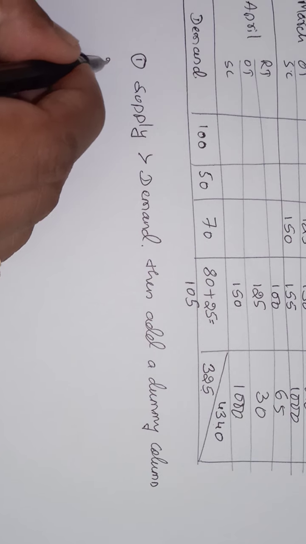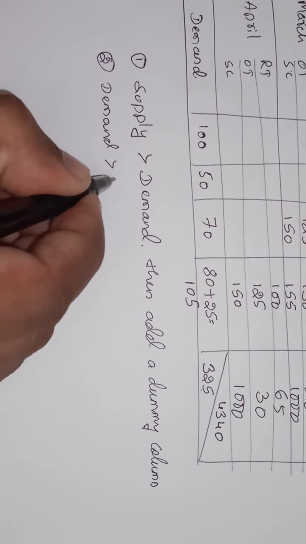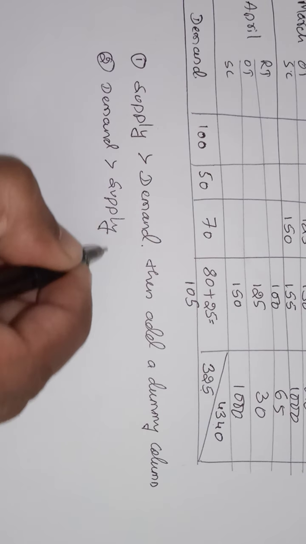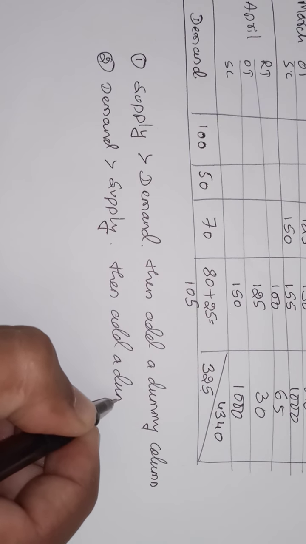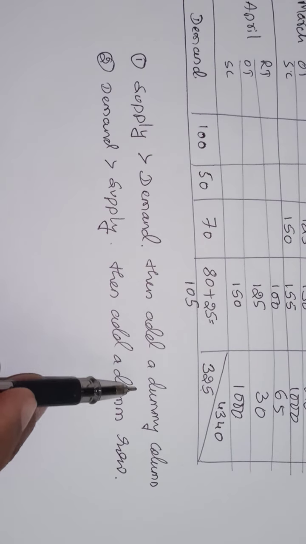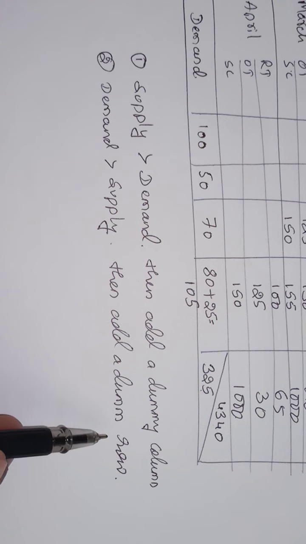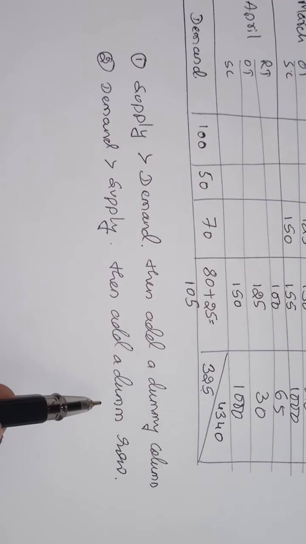The second condition is, if demand is greater than supply, then add a dummy row. For this dummy column and dummy row, the cost will be 0. Keep it in mind that if you are adding a dummy column or a dummy row, the cost of that particular column or row will be 0, right?